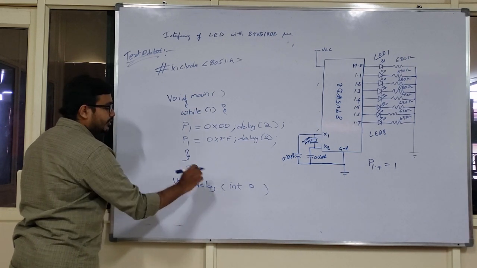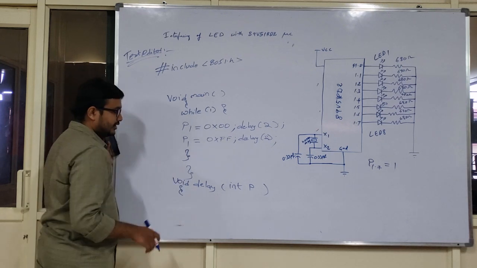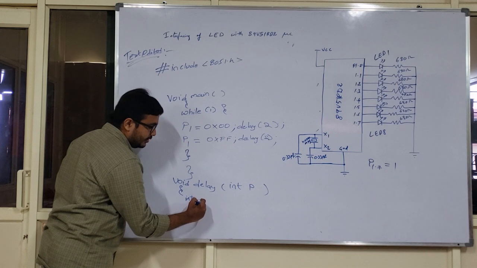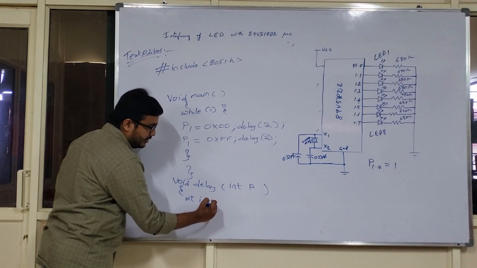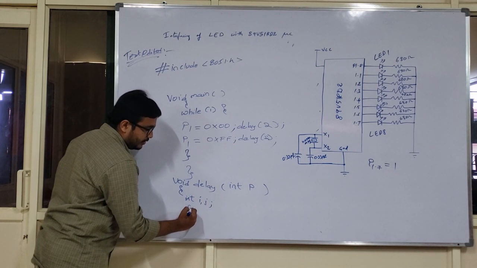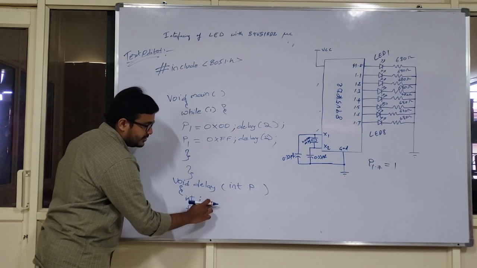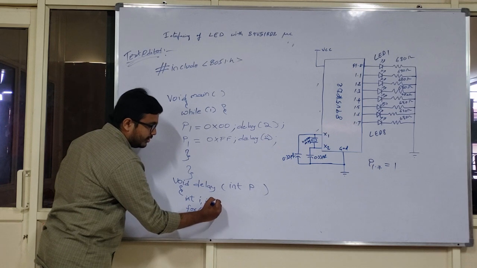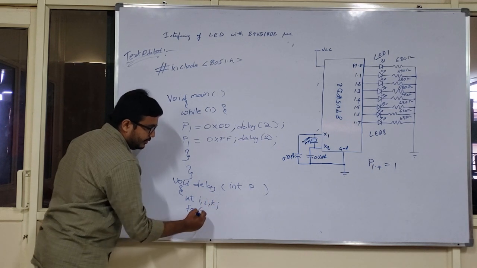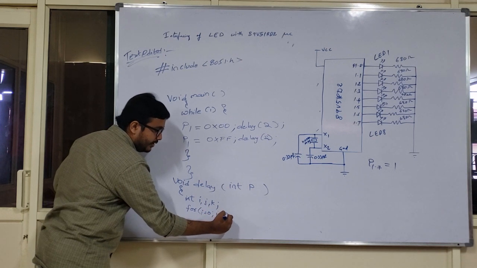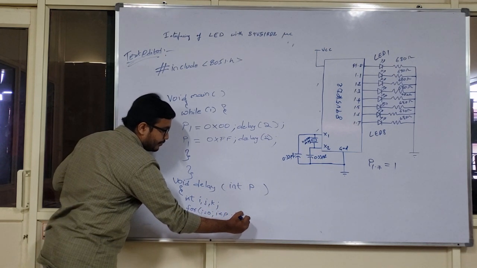Now I am going to define the void delay function. Let me take 2 more extra variables like int i, j, k. One more variable also I would like to take here. Int, for i equal to 0, i is less than p, i plus plus.